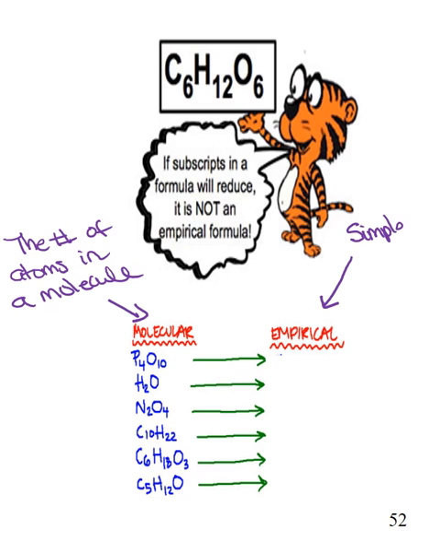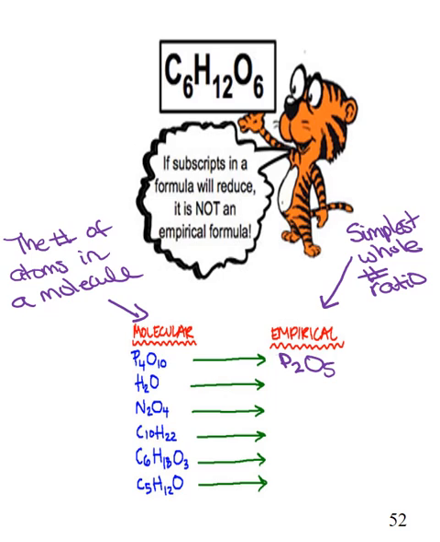It tells you the simplest whole number ratio. So if you have a molecular formula of P4O10, what would the empirical formula be? Well, you can reduce it. If you divide everything by 2, you'll get the smallest whole number ratio, P2O5.